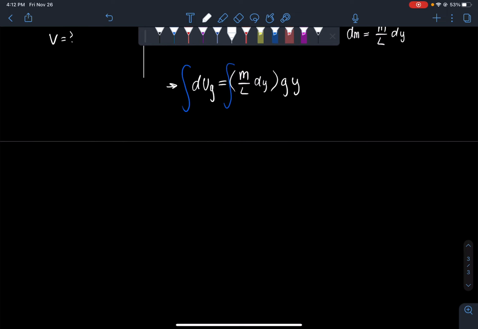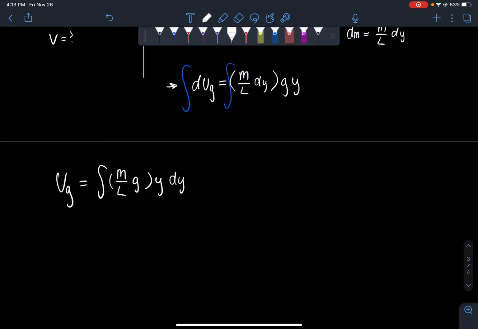So the gravitational potential energy is equal to the integral, I'll deal with the limits in a second, of m over L times g times y dy. So that's the variable and that's our differential element.